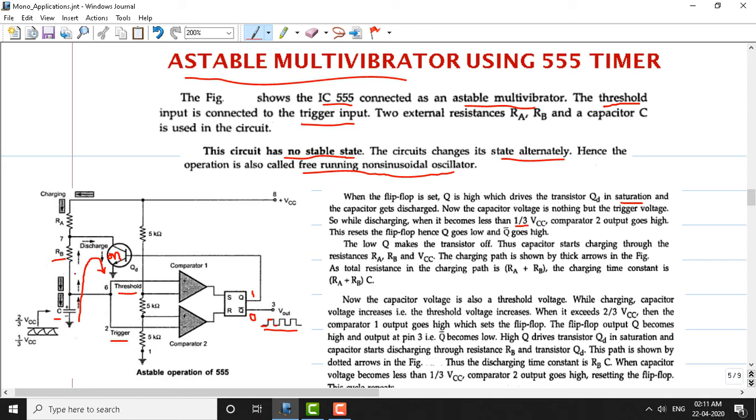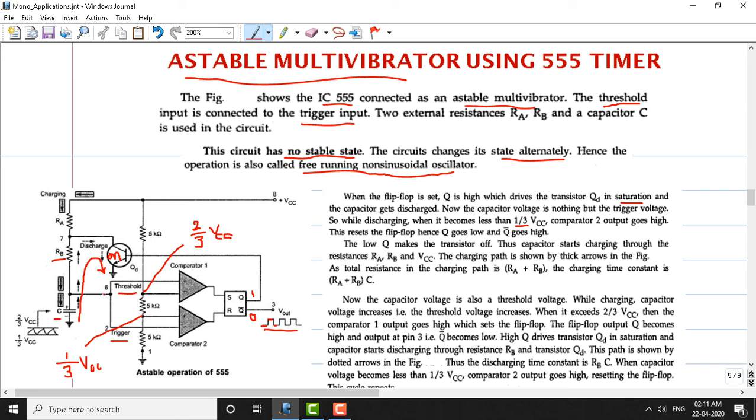So here the capacitor starts discharging, and the voltage here falls. Already we know at this point there is a voltage of 1 by 3 VCC. At this point we have 2 by 3 VCC. Okay, so by applying the voltage division rule, we can estimate these voltage levels here.